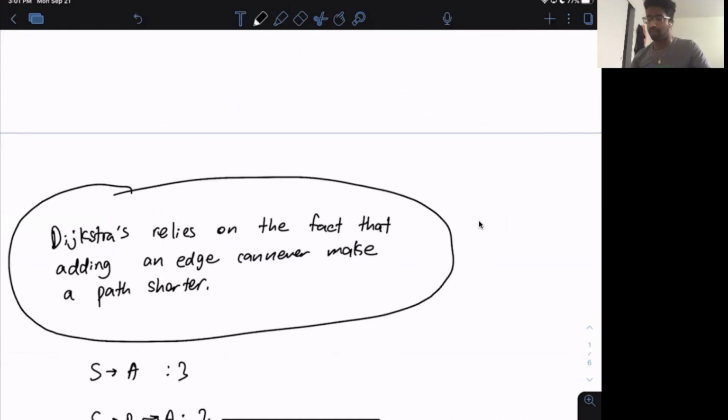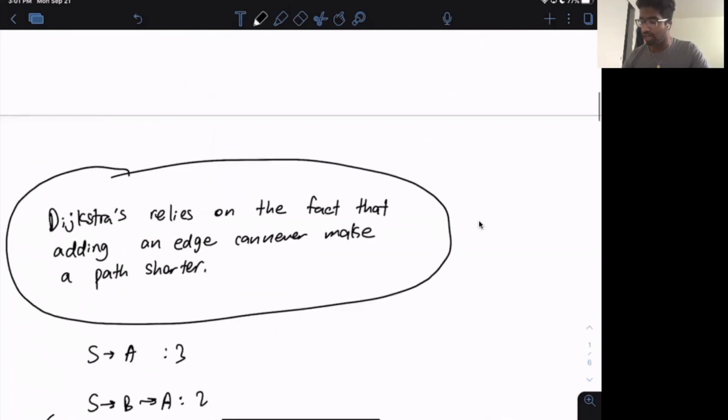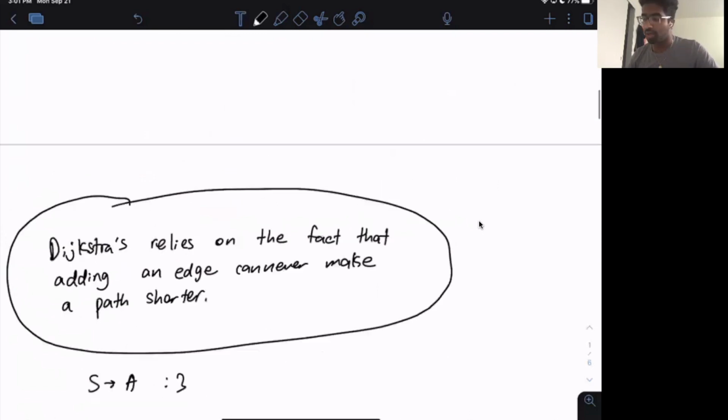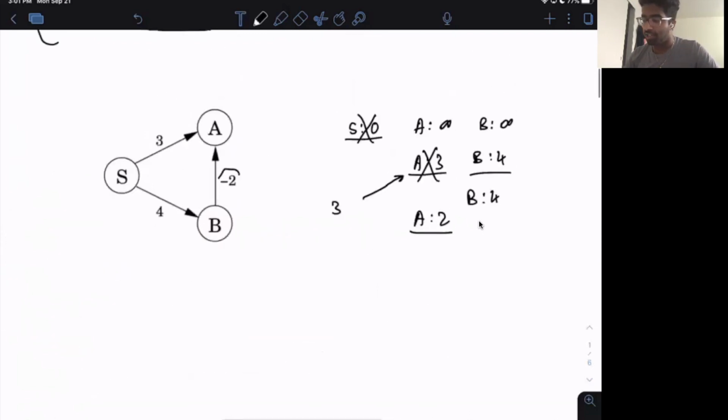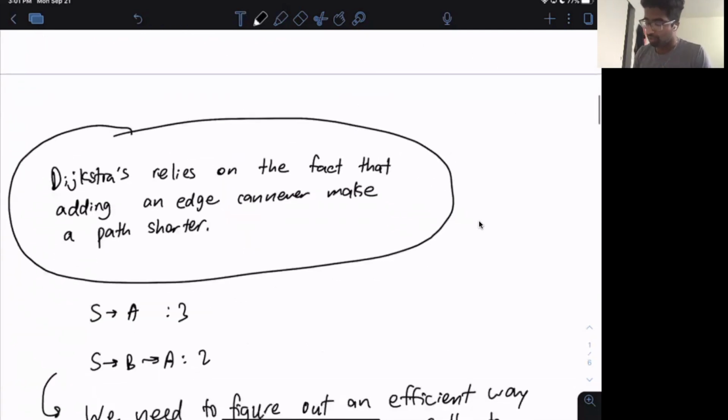Dijkstra relies on the fact that adding an edge can never make a path shorter. But we've seen with a graph with a negative edge weight that's clearly false. In this case, adding an edge can make a path shorter, therefore it can decrease the cost. And so that's the issue with Dijkstra's. So again, these are the two paths.